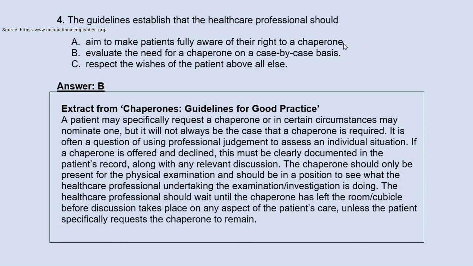They may make a request, however, the healthcare professional takes the decision. Now option C says, respect the wishes of the patient above all else. It is also a wrong option because the healthcare professional takes the decision if a chaperone is needed only by assessing an individual situation, and it is not taken on the basis of what a patient wishes.